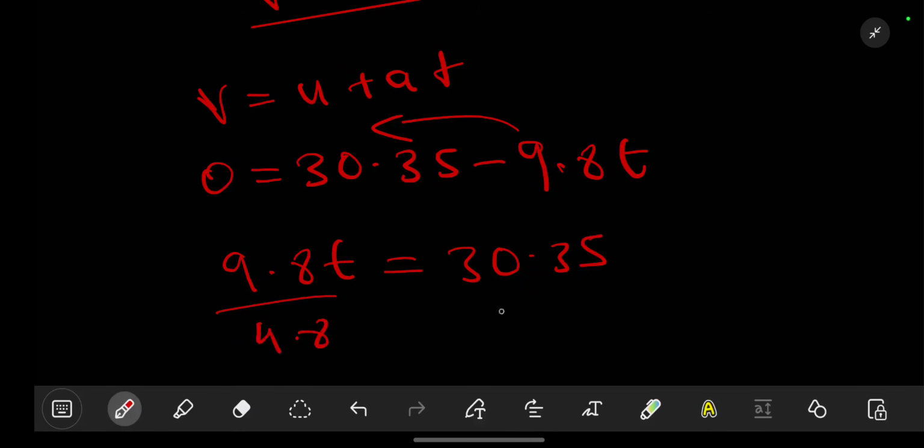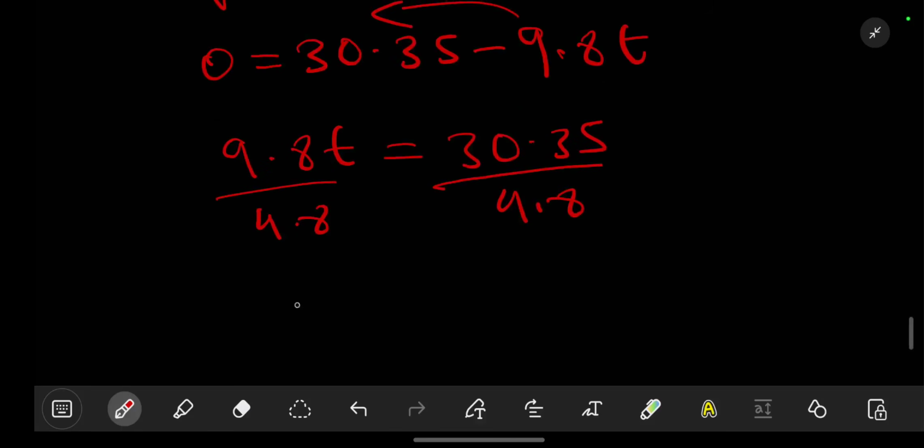We divide by 9.8 on both sides, and our time will be found to be equal to 30.35 divided by 9.8, which gives us 3.097 seconds, like that. So this is our time.